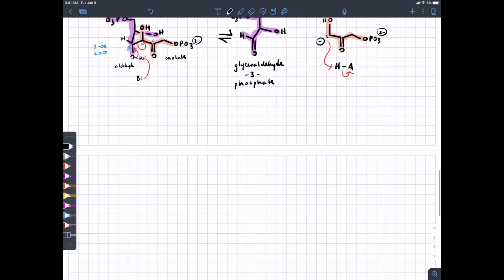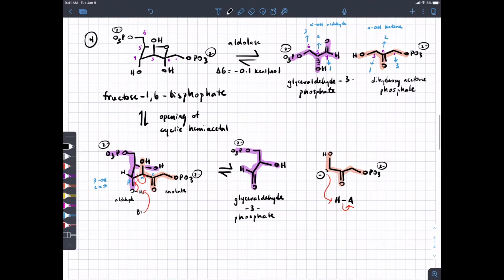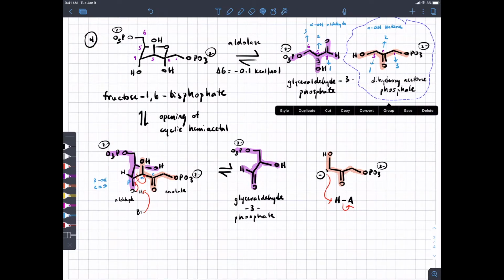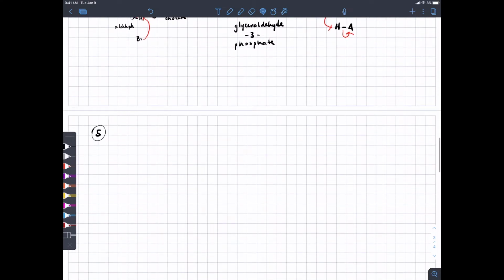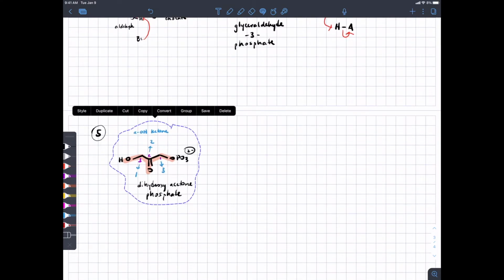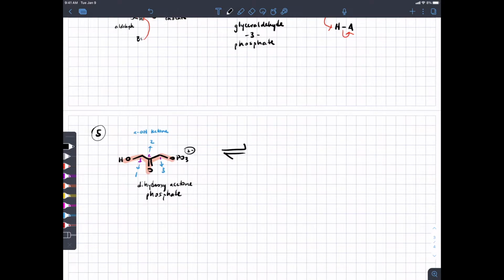So here is step 5, and we only need to do this with dihydroxyacetone phosphate. The enzyme that does this is called triose phosphate isomerase, but you can call it TIM.